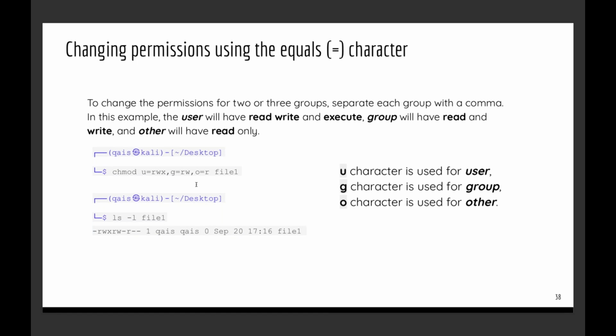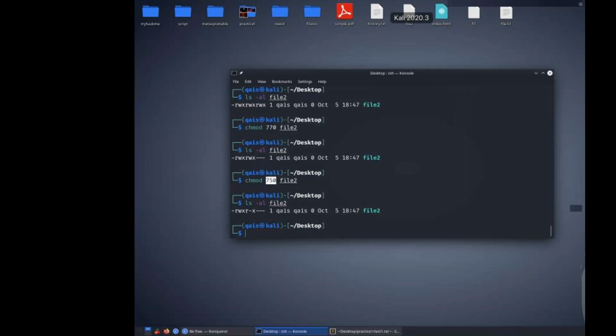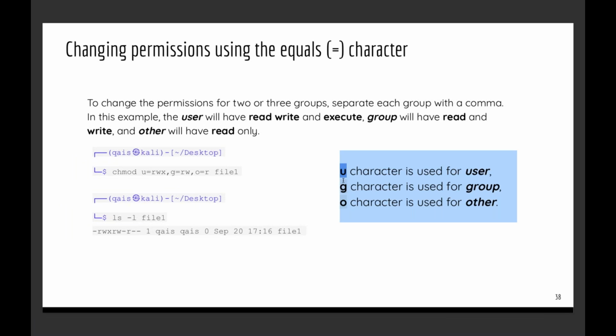Okay, what else do we have? How can we assign permission with the help of characters, with the help of equal? Okay, let me tell you about UGO. If we type u, u indicates user, g stands for group, and o for others.